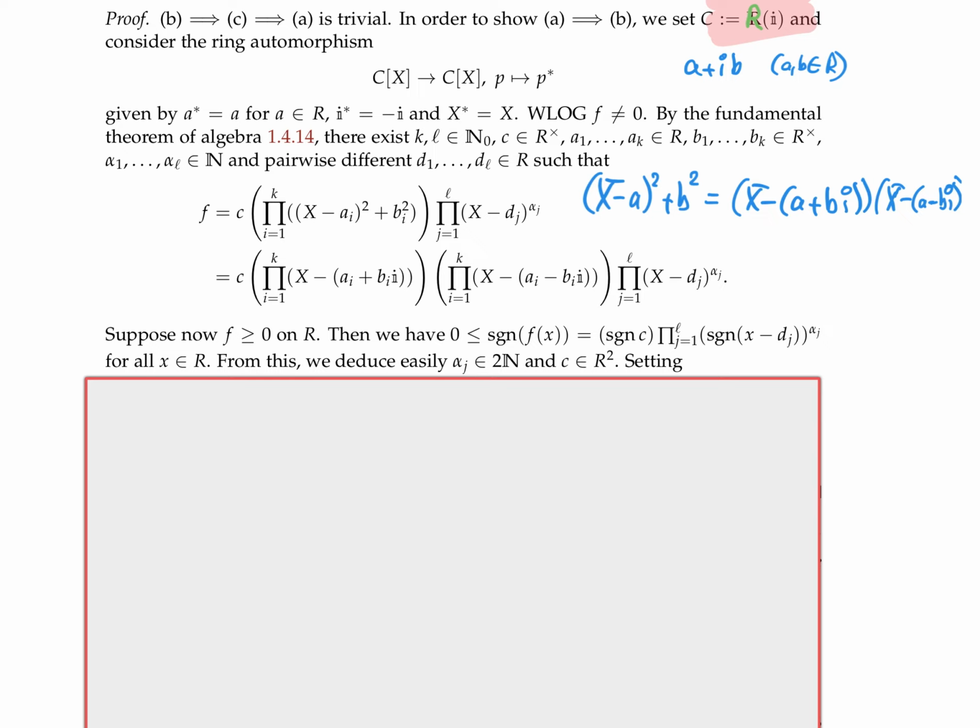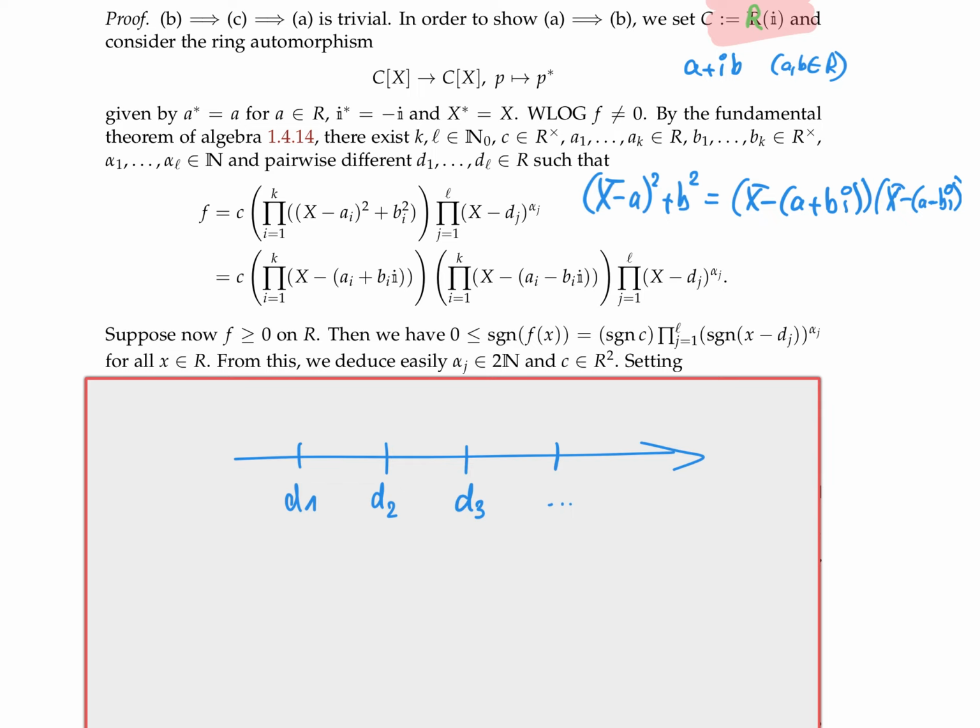Okay, so look at the dj's. The dj's are pairwise different, right? I didn't assume that they are ordered in ascending order, but we could assume this. At least I draw it now like this.